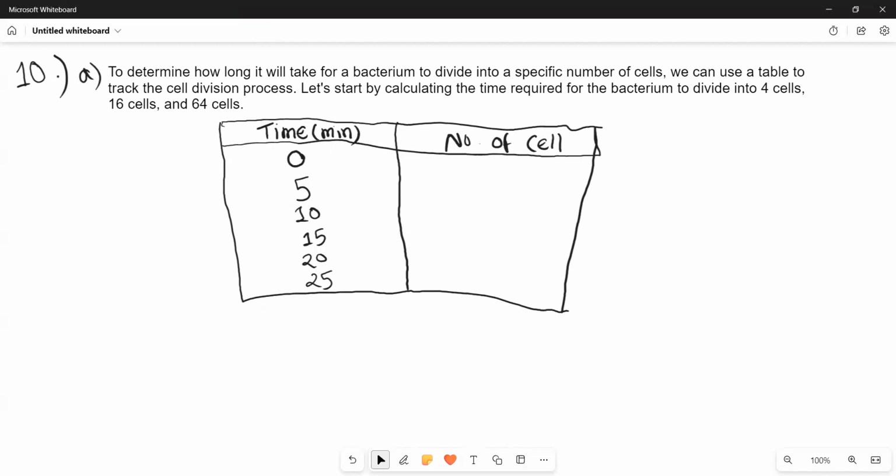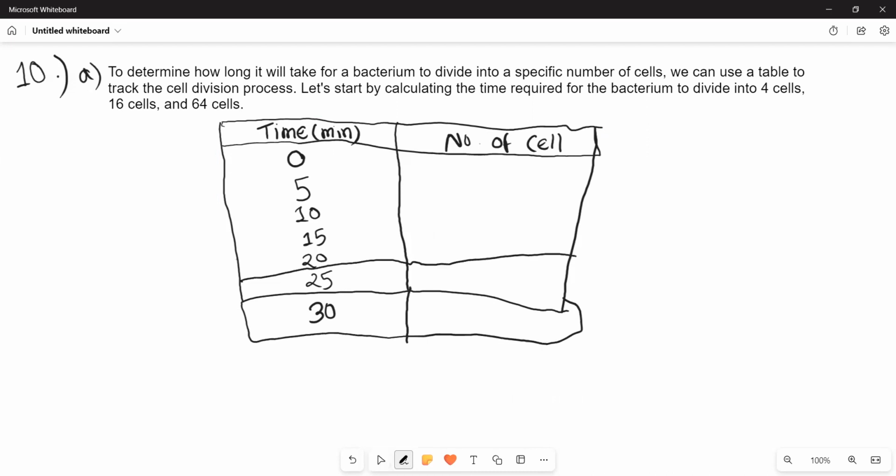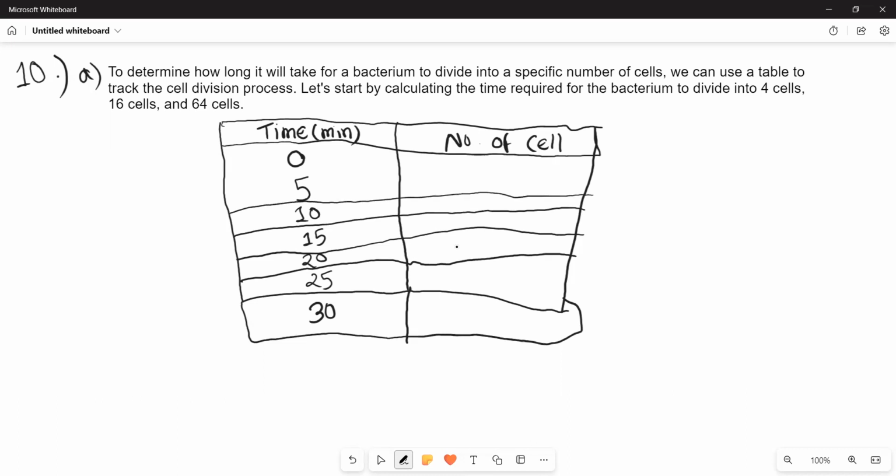Now this one is the perfect table. This one is for 30, this is 25, this one is for 20, this one is for 15, this one is for 10, then this one is for 5.